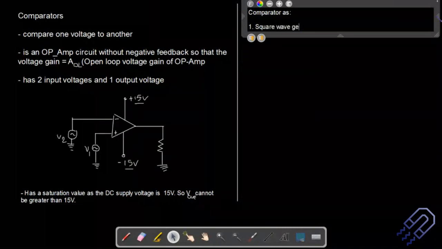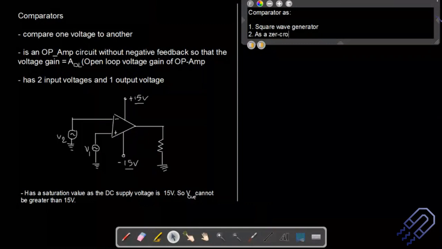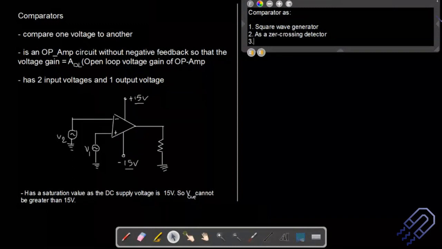We can use it as a zero crossing detector. And finally we can also use it as a level detector. I'm just going to discuss all three of them one by one, briefly.